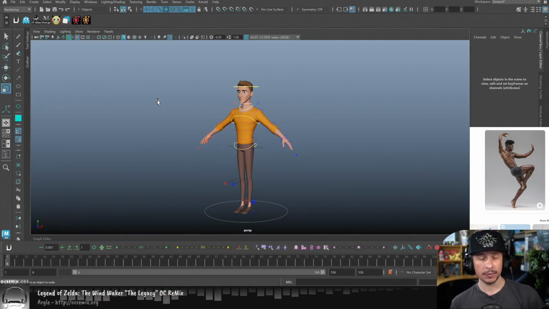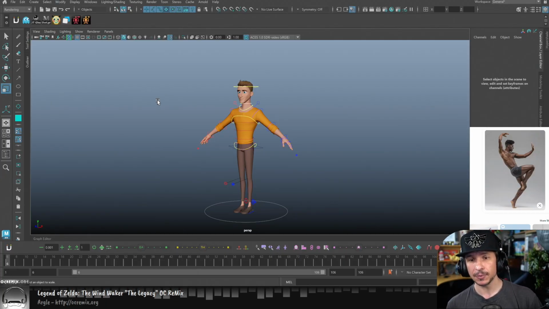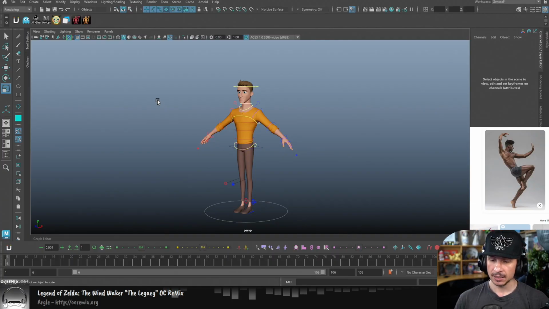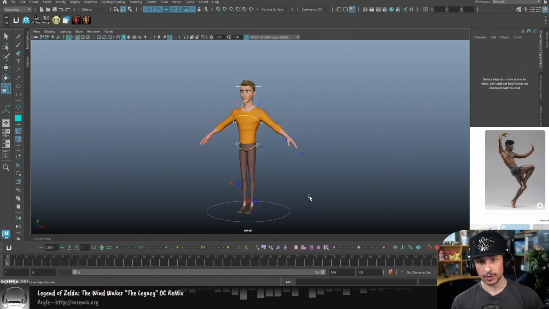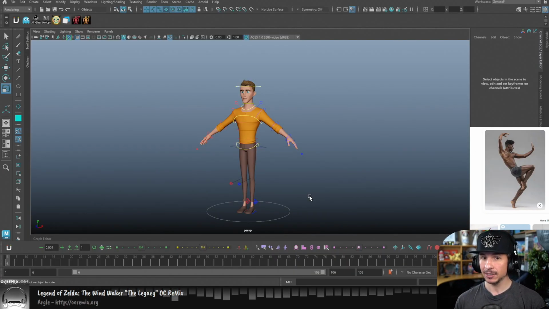Okay. So before we even get to posing, there's a few things that we want to make sure we do. The first is we never want to animate or work on our characters with the default camera. Right now, if you look at the bottom, you'll see that this is the perspective camera. Whether you are animating an acting shot, a dialogue shot, a pantomime, body mechanics, or just a simple pose, you never want to use the perspective camera, which is the default camera, as your final camera.